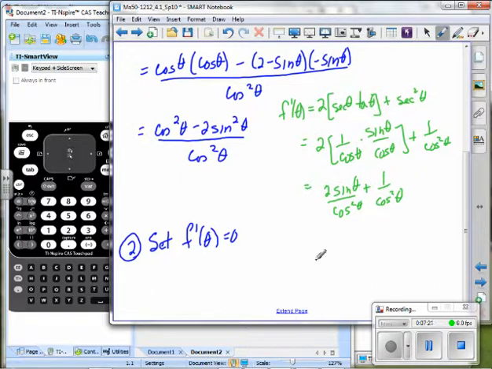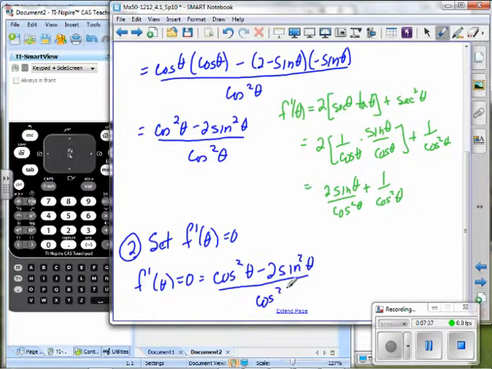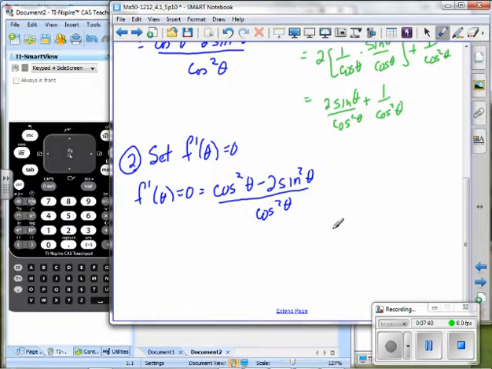Okay, so you've got a choice. You can continue with secant if you wish, or you can use our cosine squared theta minus 2 sine squared theta divided by cosine squared theta. Setting it equal to 0, a fraction equal to 0.